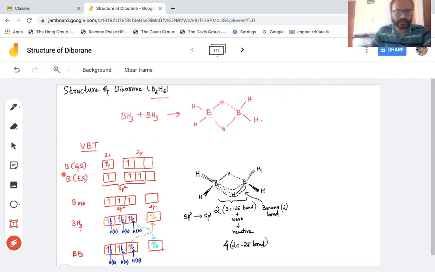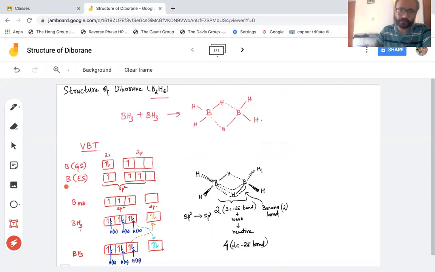We will use the valence bond theory to try to find out how the structure is formed. If we write the valence shell electronic configuration of boron in the ground state, we find that the configuration is something like this.